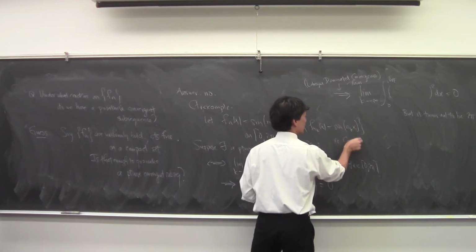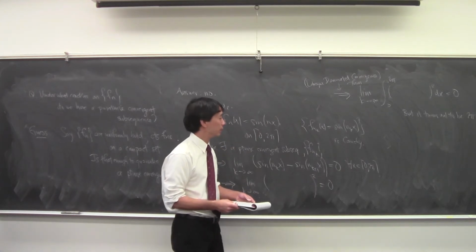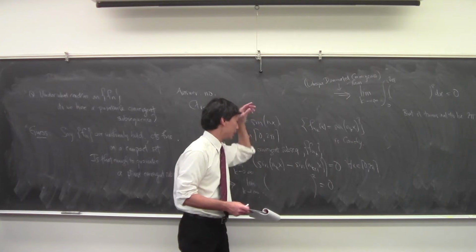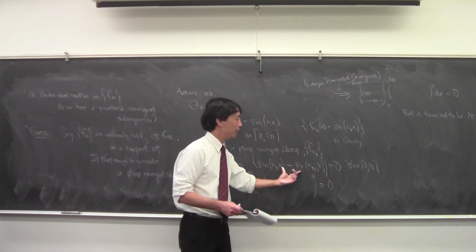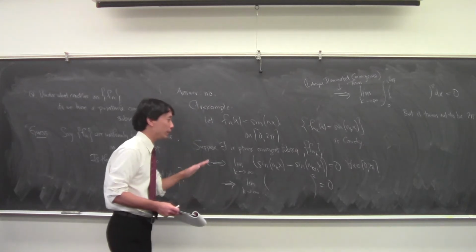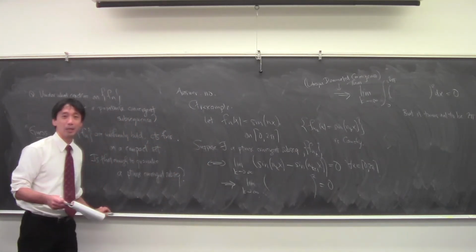Well, that means it's Cauchy, right? So that's going to tell you that this difference goes to 0. Actually, you don't need that. You just need that the limit exists. But anyway, Cauchy is enough.